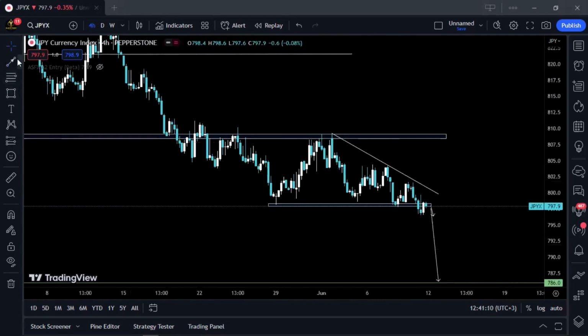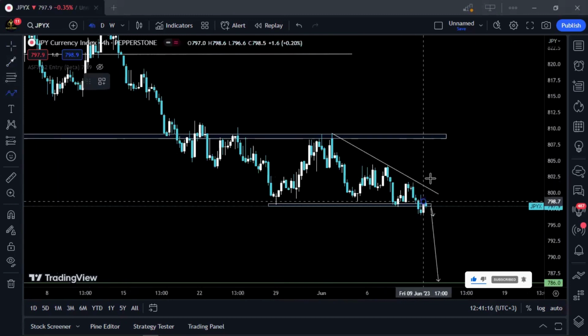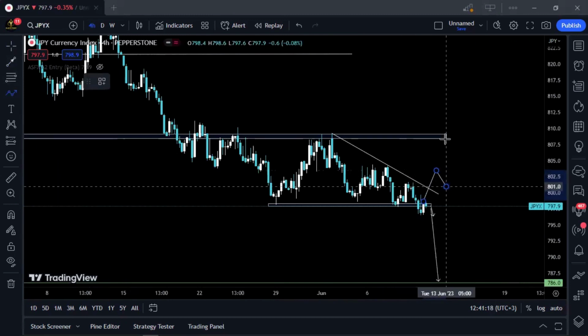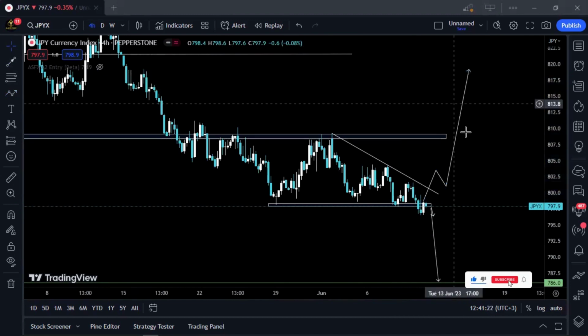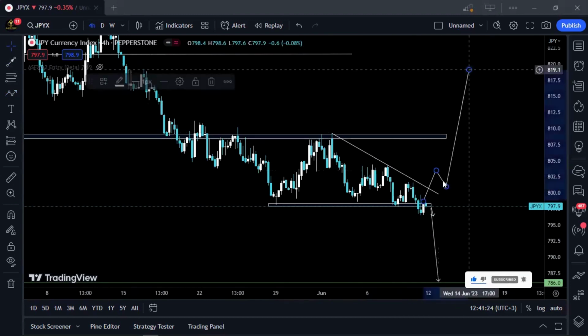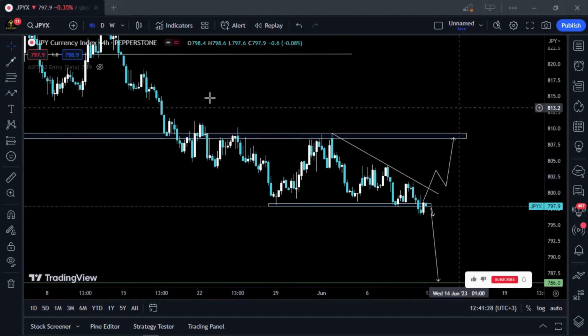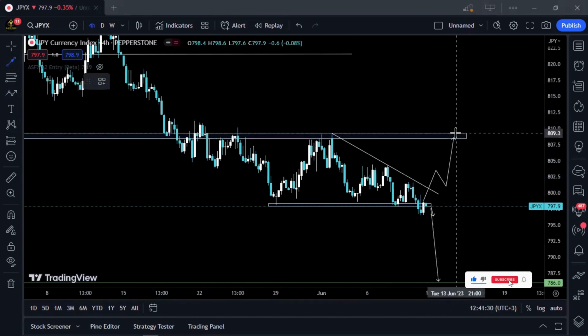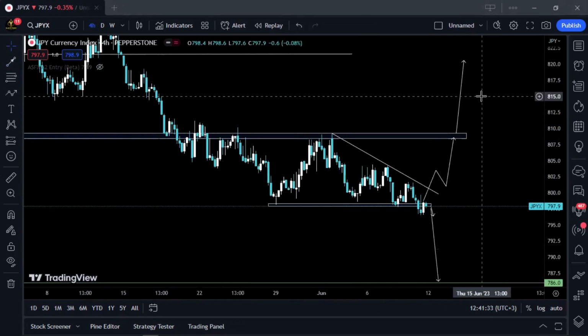And should prices continue with that bullish momentum, we'll be looking for a break above, retest, and a continuation, obviously until somewhere up there. But the first targets will be somewhere here, and then a continuation to wherever prices may lead to. So that's what I'm anticipating to see happen on DXY and the Japanese yen, right?